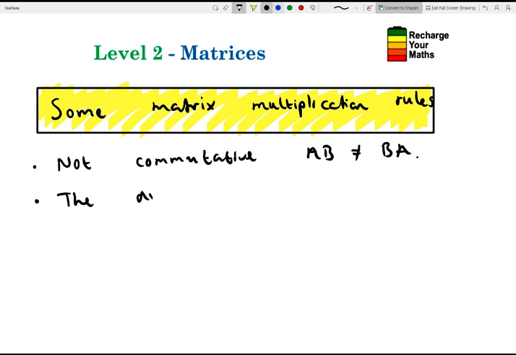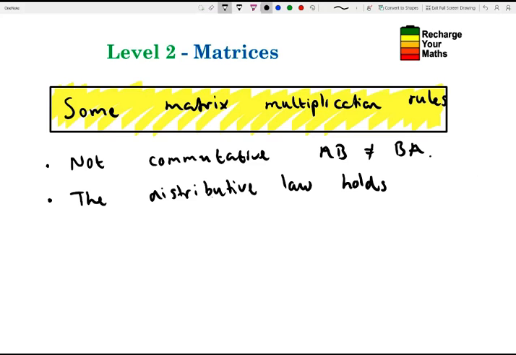But the distributive law holds. So that's equal to the matrix A multiplied by B plus C is equal to A multiplied by B plus A multiplied by C. And the associative law also holds.